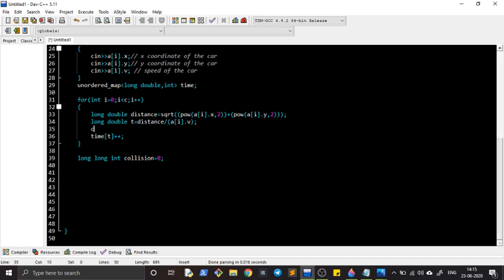So let me print it out here only. cout, the time taken for this car to reach origin is, space, then we will have t, then a space, then we will write t units rather. Okay, endl. So let me check it.